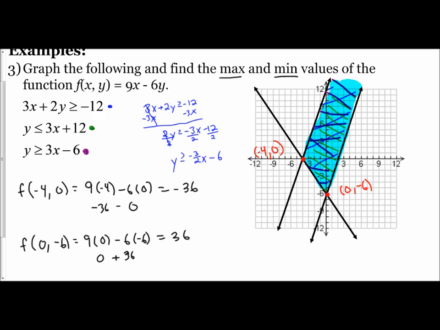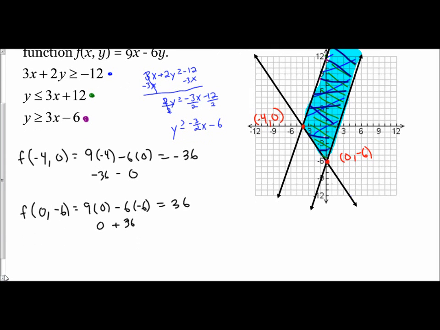And so we're asked to find the maximum and the minimum values of this. And so if I take a look, there's only 2 options. And so my maximum value is 36. So the way we state this is our max value. We have a max value of 36 and it occurred at the coordinate 0, -6.